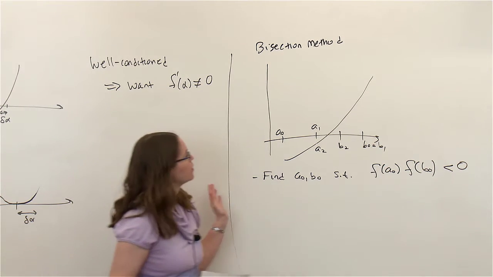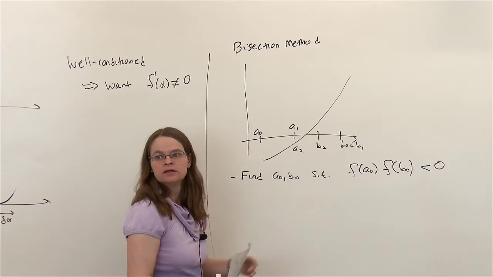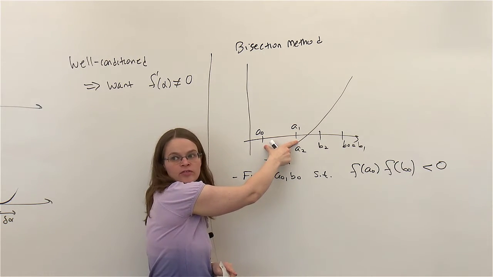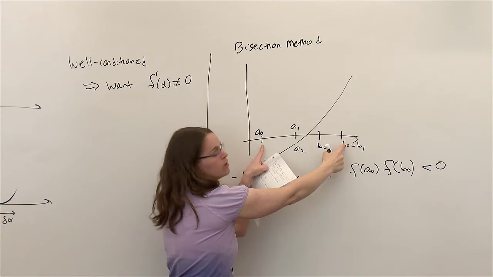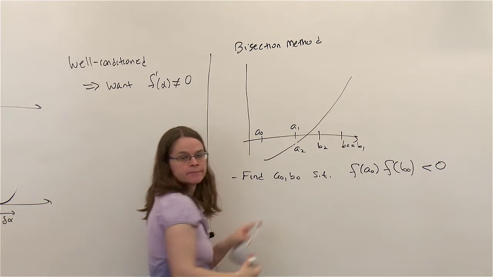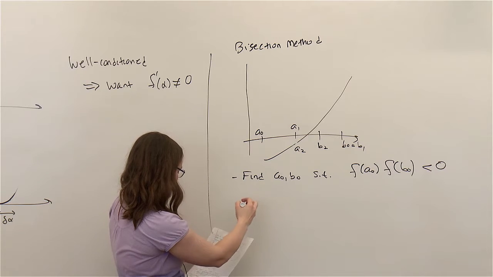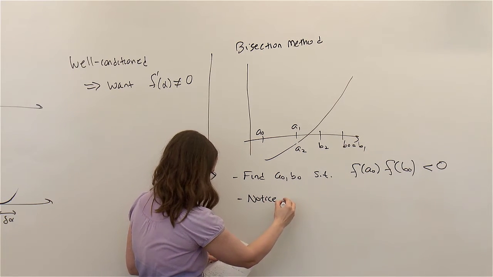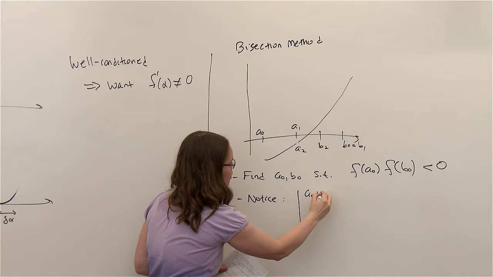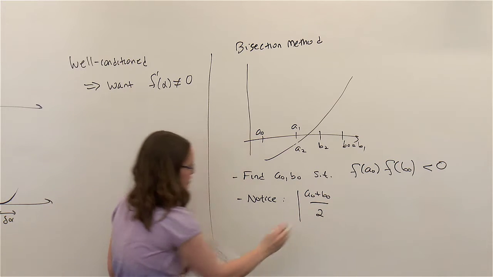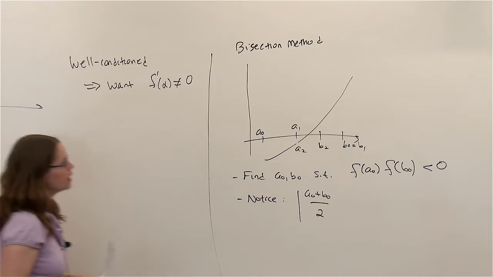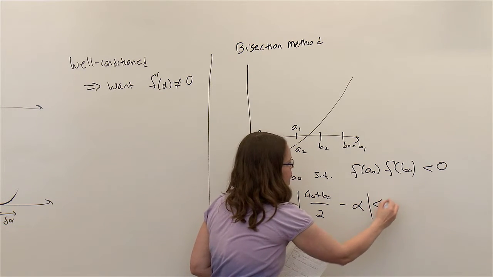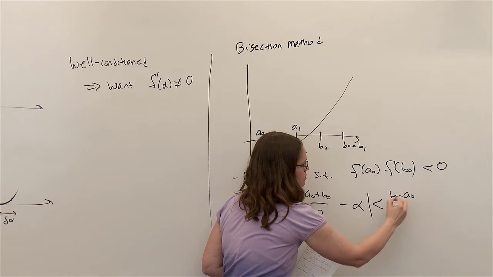If we say our guess is going to be the midpoint, we know that the root lives in a box of width half of this total interval. So the difference between the midpoint, if we use it as our guess at the root, and the actual root is certainly less than half the width of this interval.